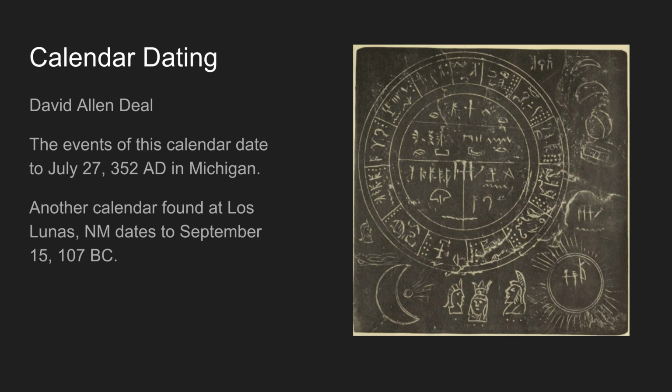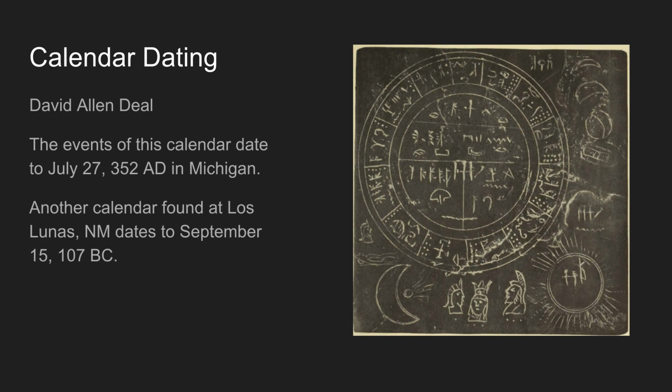What is interesting is that for those that believe in the Heartland model, put out by Wayne May and Rod Meldrum, the area of Michigan would have been considered the land of desolation, and the Nephites would only have populated this area after the time of Jesus Christ's visitation to the Americas. And so 352 AD is very consistent with this model.